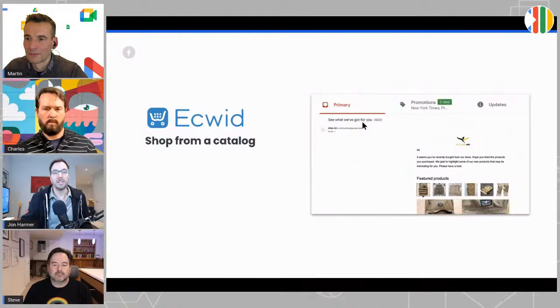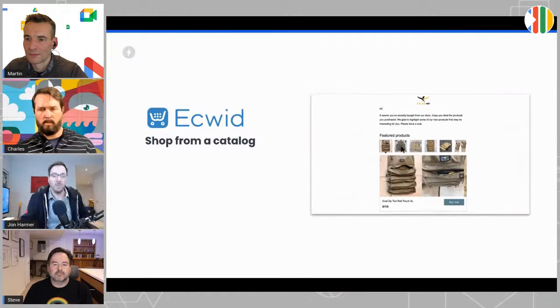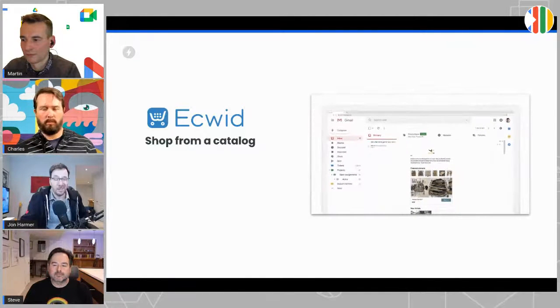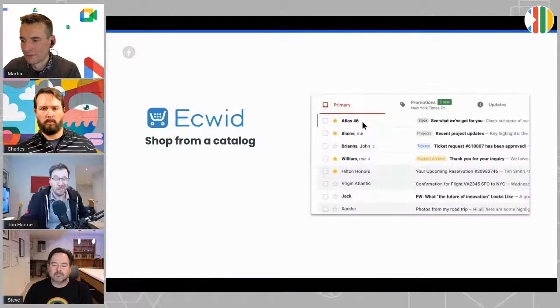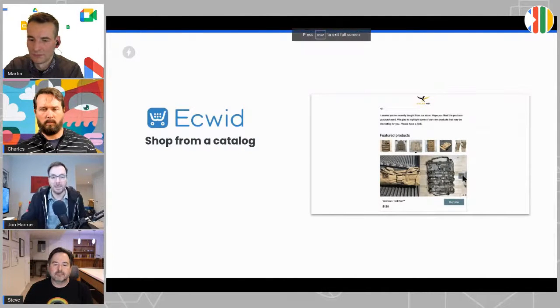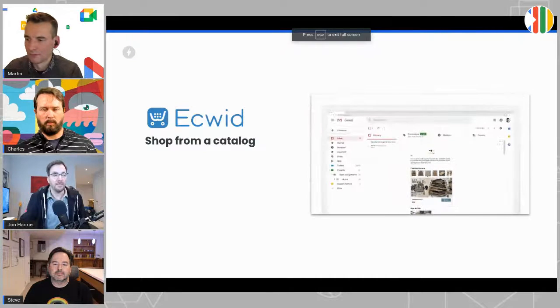So Ecwid, I led the witness a little earlier with this one. This is an e-commerce platform provider, like Shopify or BigCommerce. They allow you to build an e-commerce store of your own. Here you see a catalog use case with the carousel and a bunch of different interactions happening. That's cool looking.